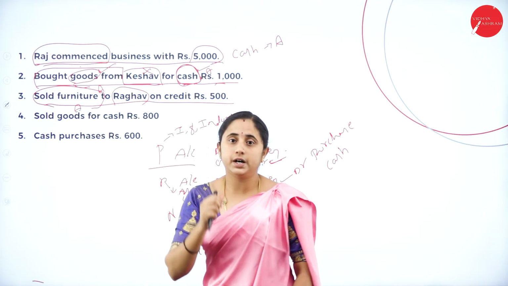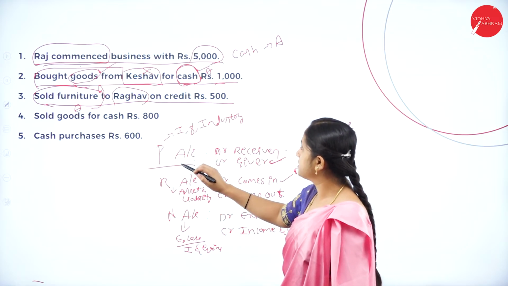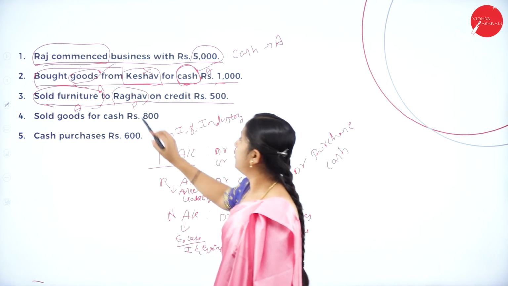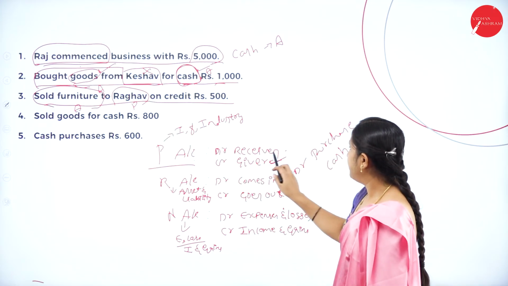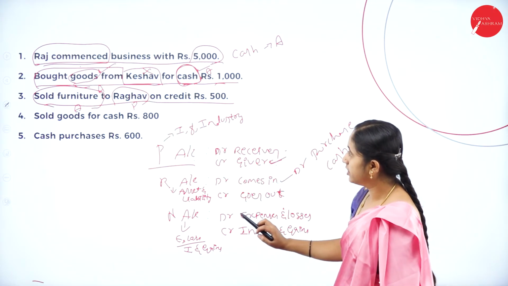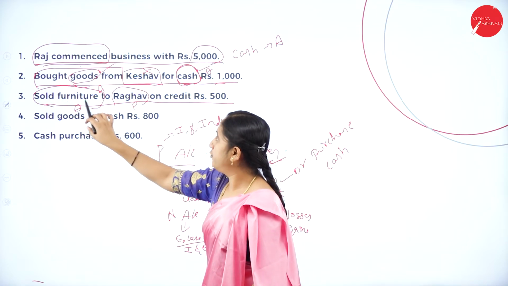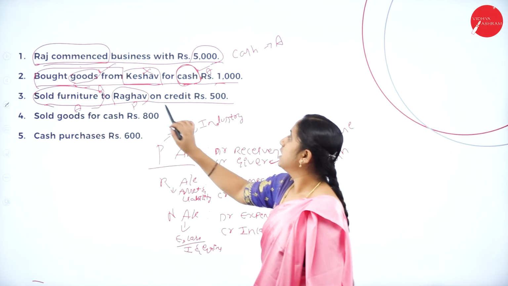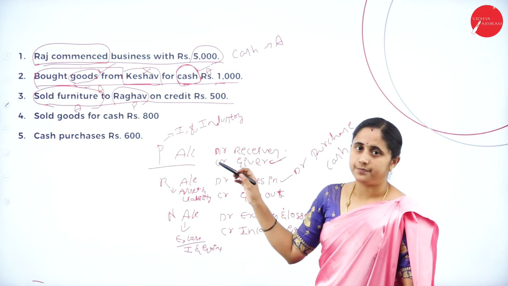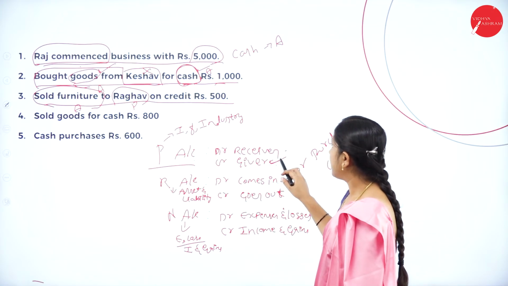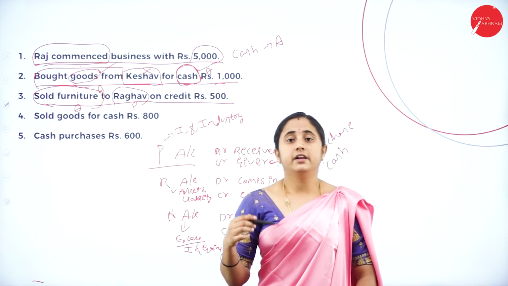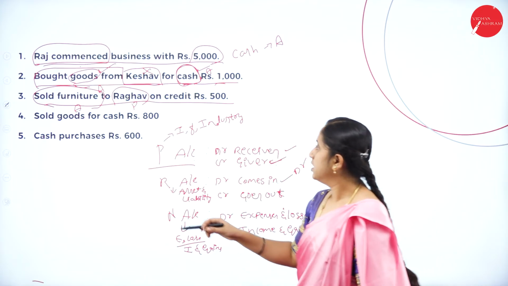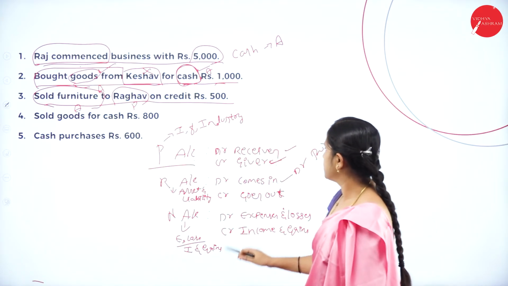Raghav is a person, comes under personal account, so apply the personal account rule. Raghav is a person, debit the receiver, credit the giver. You sold furniture to Raghav on credit, so Raghav is receiving the goods. Furniture is an asset.